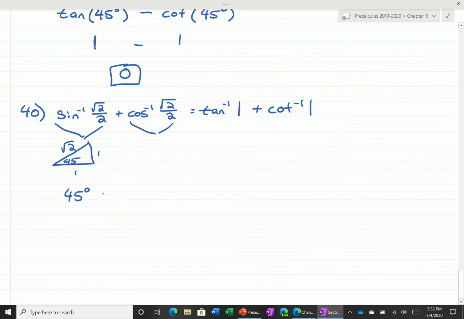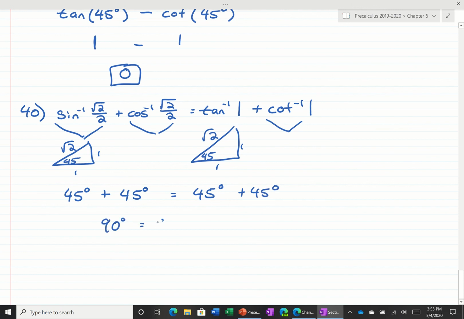Same thing with the cosine. The cosine of 45 degrees would give us root 2 over 2. Well, when is tangent 1? Again, looking at that same 45, 45, 90 triangle, the tangent of 45 is 1, and the cotangent of 45 is also 1. So this problem was just asking you to show why those two sides are the same, and we just did, because 90 is equal to 90.